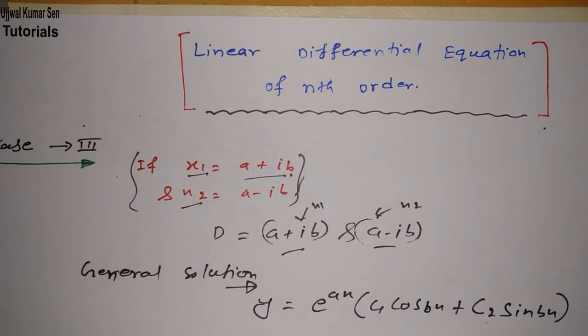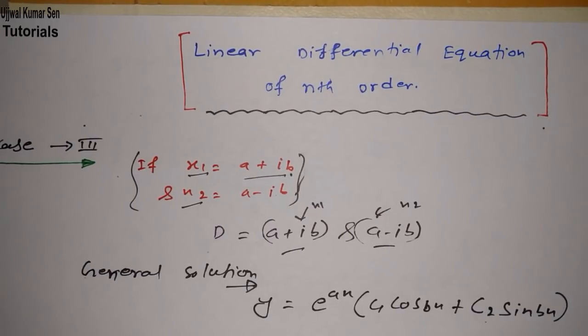So what we have studied in this tutorial is the linear differential equation of nth order, and the case I am talking about in this video tutorial is case 3. So if we consider x1 is equal to a plus ib and x2 is equal to a minus ib, because these are imaginary roots, but these values are not the same, these values are different, so this is a different case from the others, right?